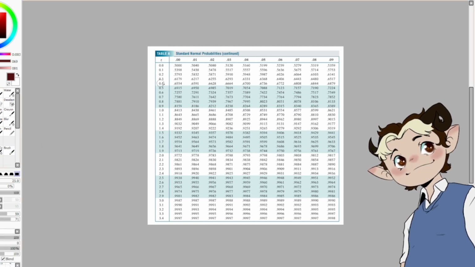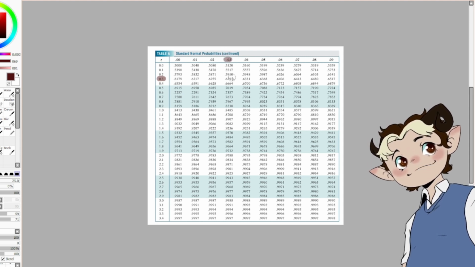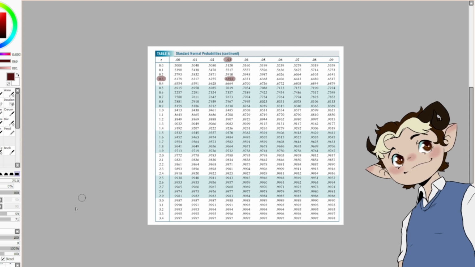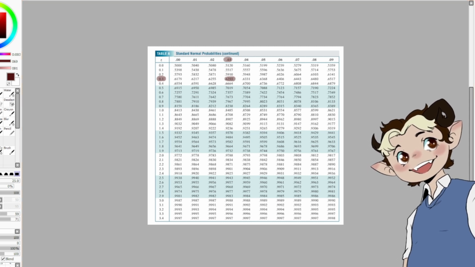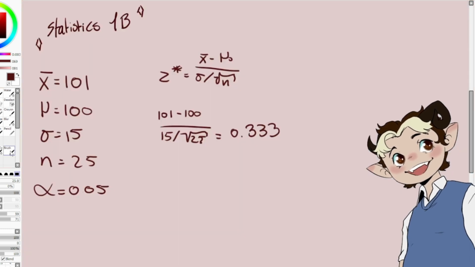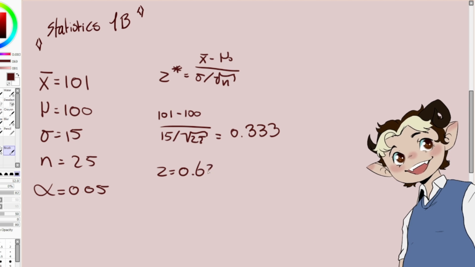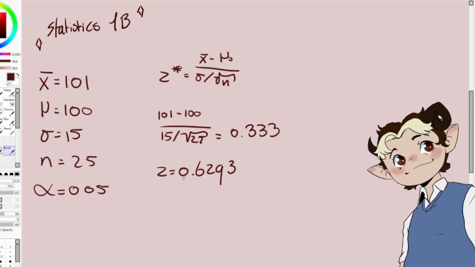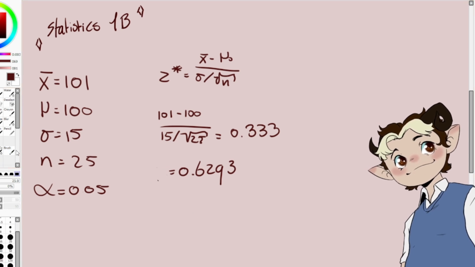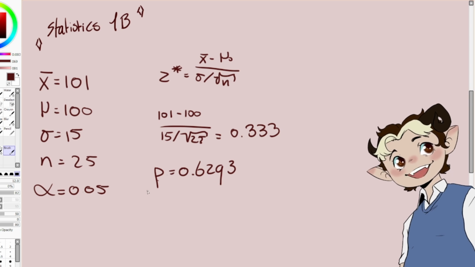Well, then we're going to look at our table again. First we find the 0.3 over here and the 0.3 over here. Then we look at what that corresponds to, and that is 0.6293. So our p-value is now 0.6293.